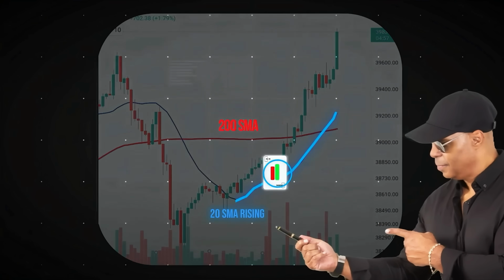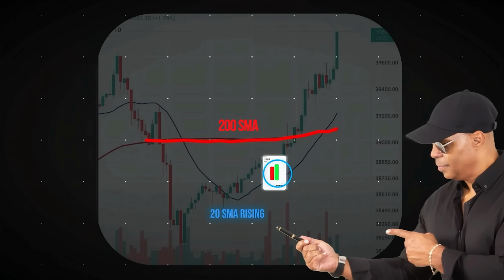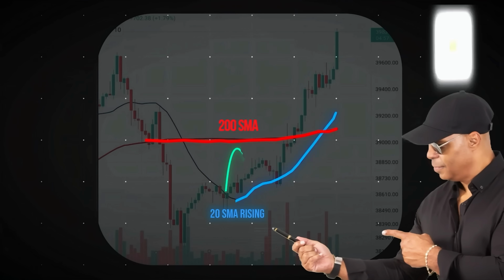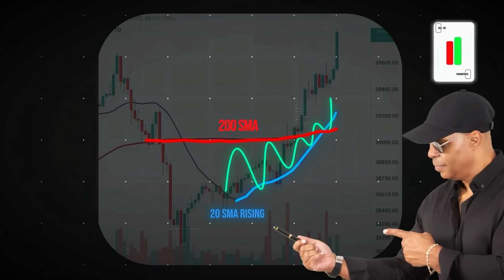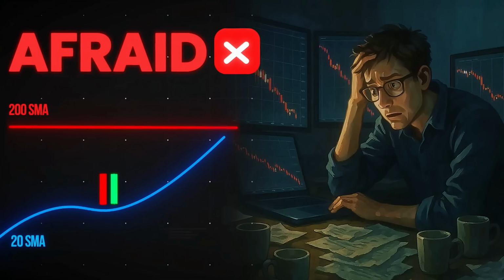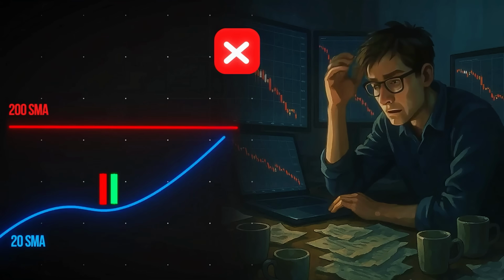You've got the flat 200 above, but you've got the rising 20-period moving average giving you a buy signal and containing the price activity. The 20 and the price are ganging up together to overrun the 200. So in this case, you wouldn't be afraid that there's resistance above, not in the 20-period moving average squeeze.